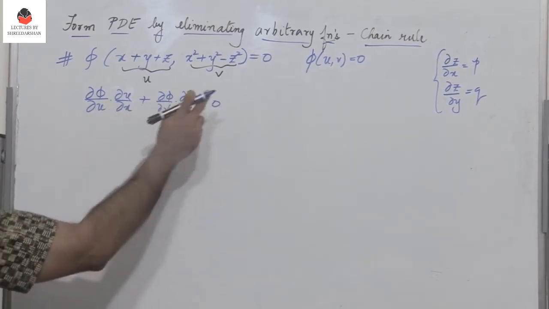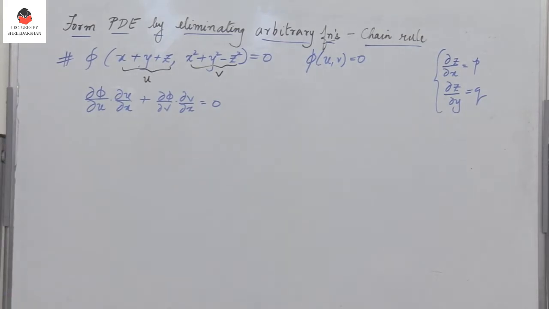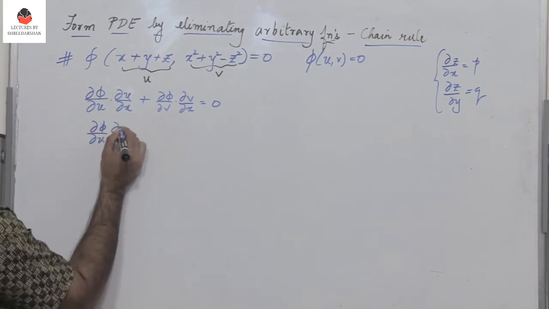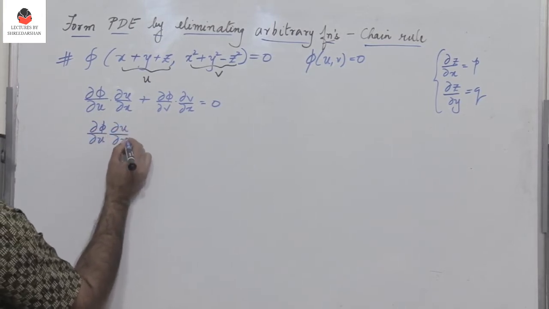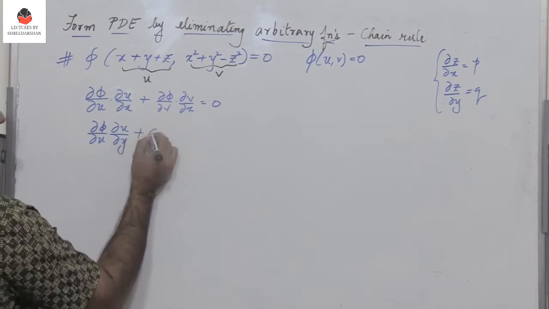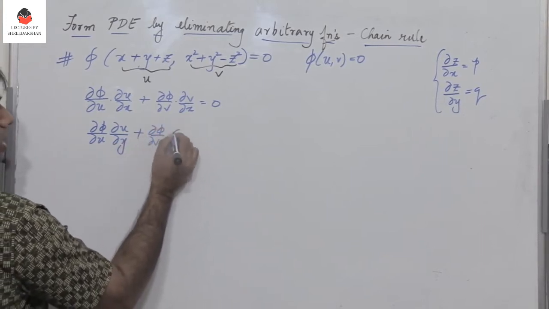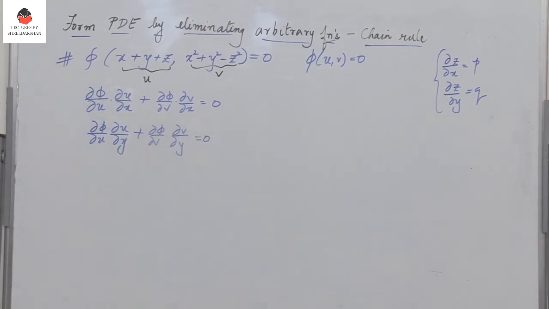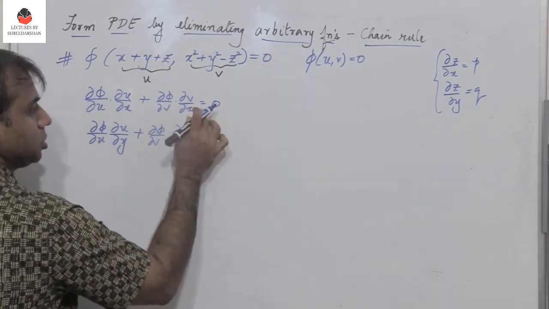Now similarly, partially differentiating the function phi with respect to y, we have del phi by del u, and then differentiate u partially with respect to y plus del phi by del v into del v by del y equal to 0. Now take this term to the RHS.